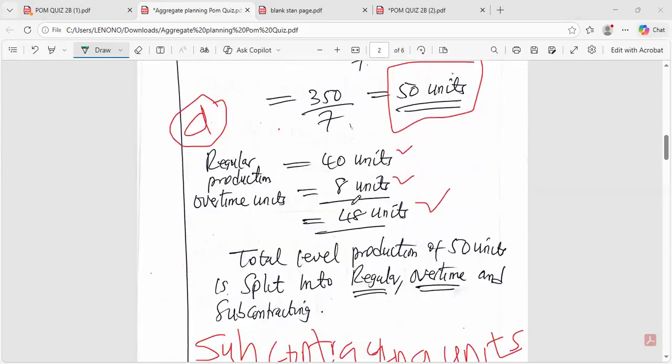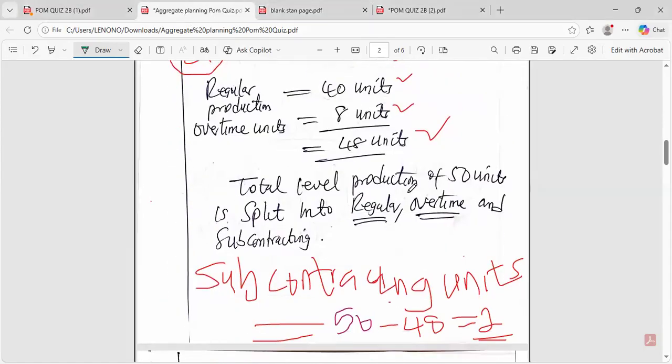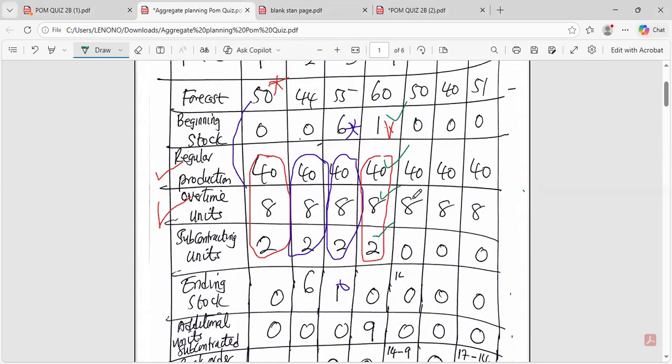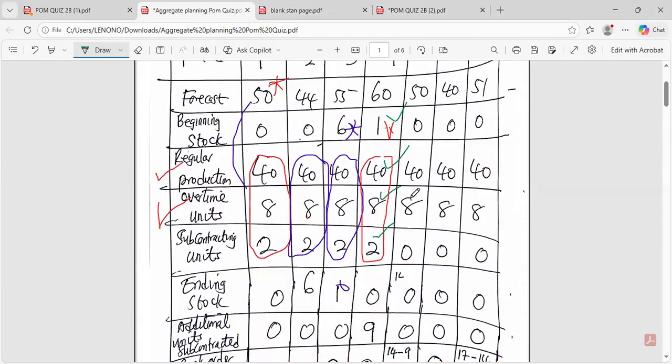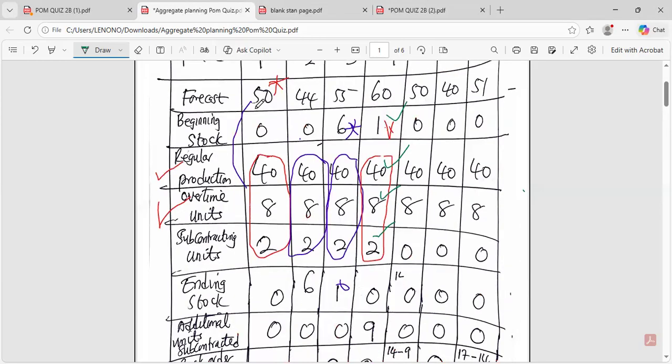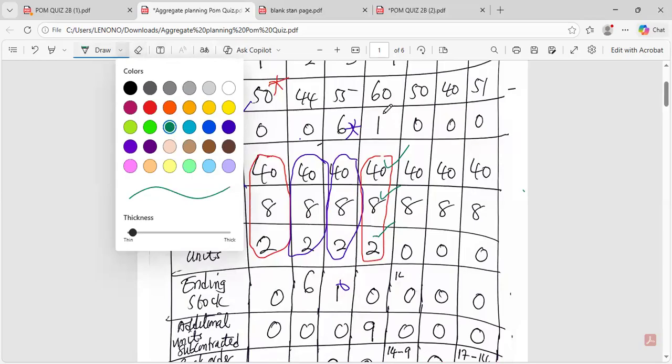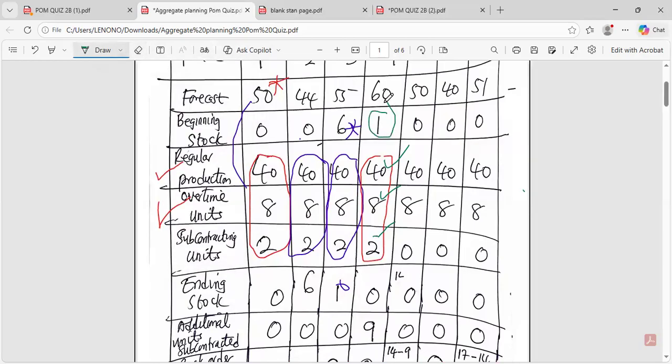Now the number of units here, the units that were overtime, we have the beginning stock this month. The beginning stock was 1. Then regular production was 40 units.